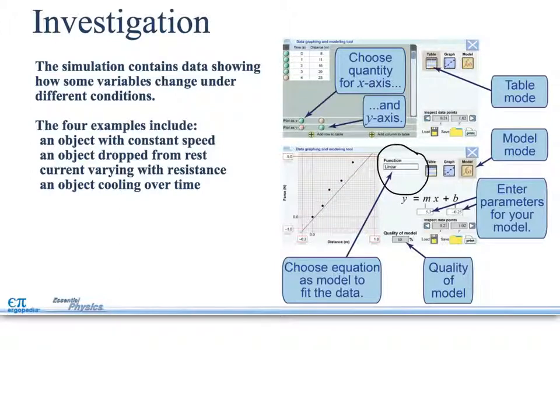This is the big one that I want you to see. If you just want to do the first two here, object with constant speed and object dropped from rest, those two are fine. We'll get to these other two later on. Those are the ones I want you to really focus on.